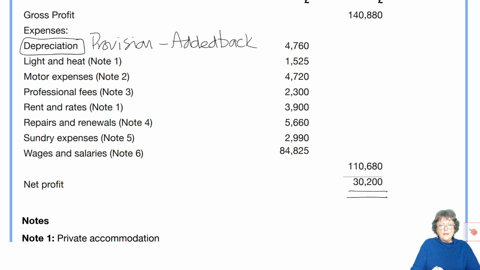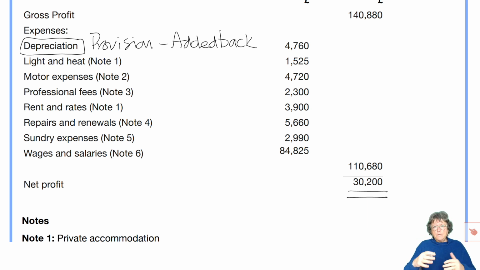Depreciation is rarely part of the notes which form the rest of this question. So always make sure that you look for depreciation and don't just deal with the notes and miss it out. Okay, just to make sure that you've gone back. And obviously as you go through a question, it's important to tick it off.